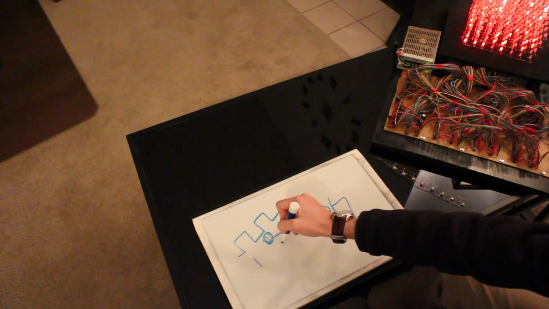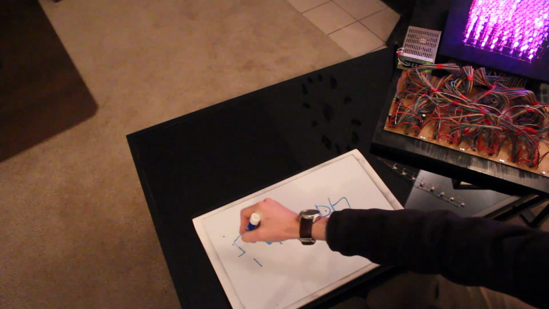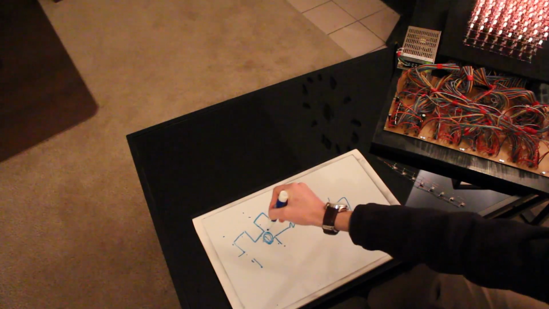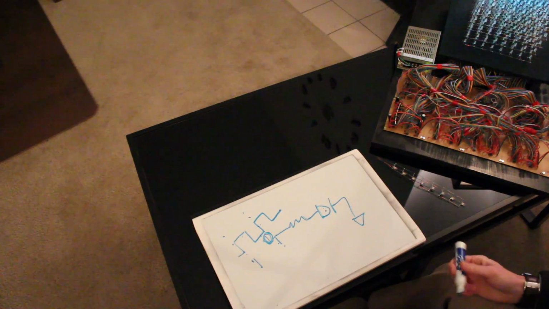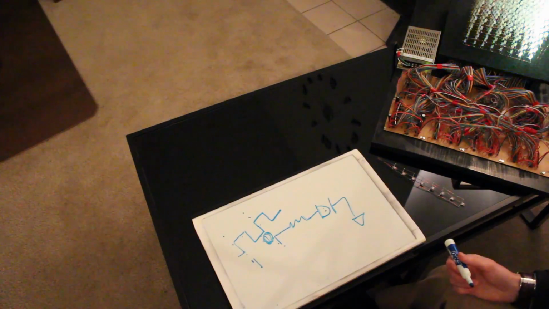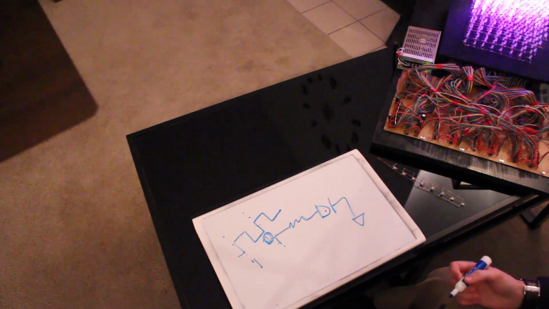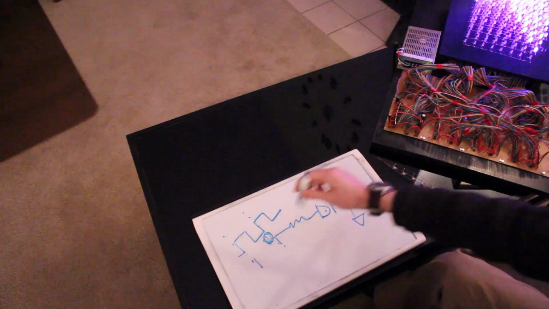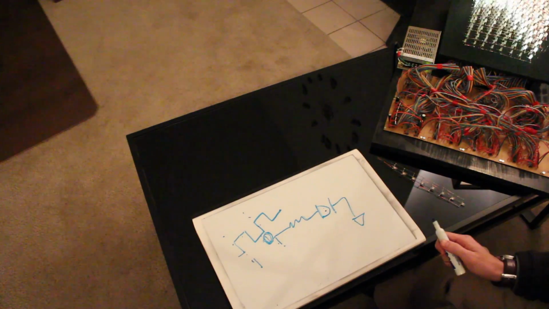So your on time over your total time in one period is 50%. That's 0.5. So your duty cycle is 50% right there. It just so happens that the duty cycle is proportional to the brightness of the LED.